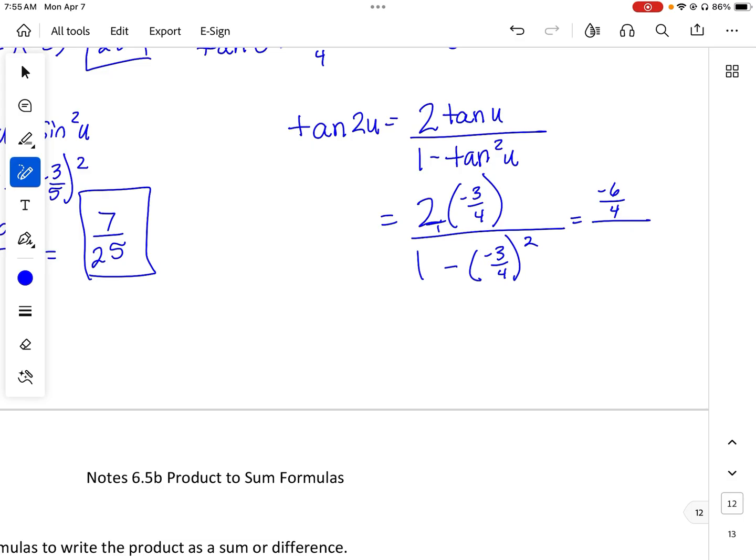Let's just go ahead and do negative 6 over 4. And then this would be 1 minus 9 over 16. Find the common denominator of 16. So that'd be 7 over 16. So we multiply by the reciprocal, simplify diagonally, and get negative 24 over 7.